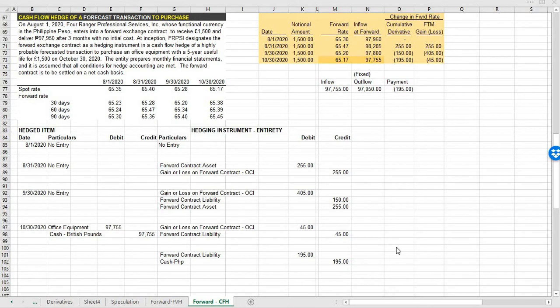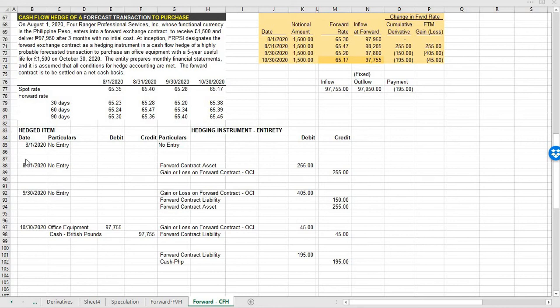Pero kung titingnan nyo rito ang ating hedge item, starting August 1 until October 30, wala tayong ni-record na changes sa value ng hedge item kasi nga ang ating hedge item is a forecasted transaction. So, wala tayong nire-record na journal entries. Ibig sabihin, during these dates, walang effect itong hedge item natin sa profit or loss. So, wala tayong i-offset on these dates.